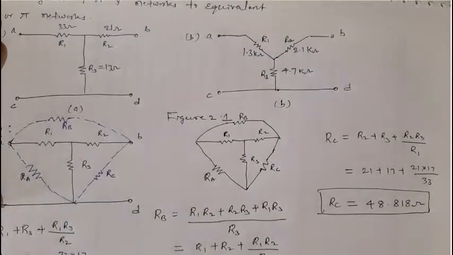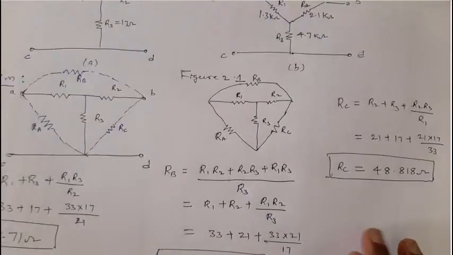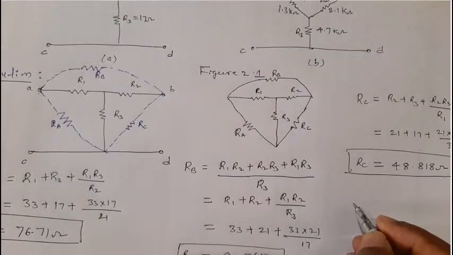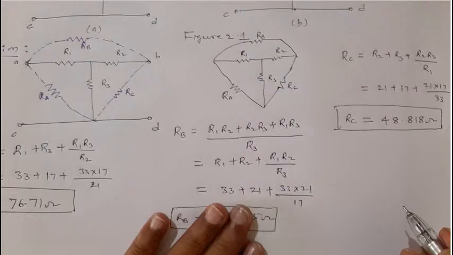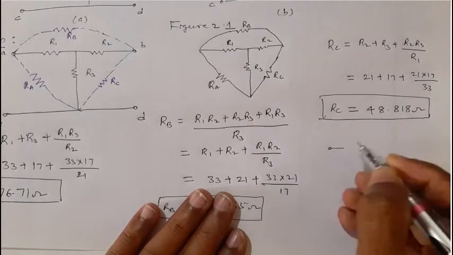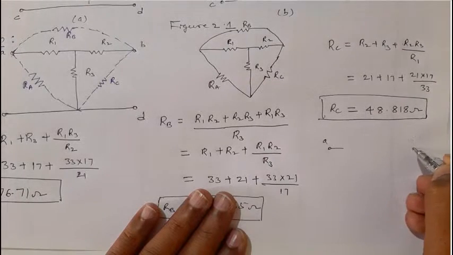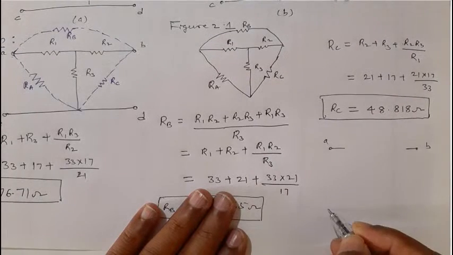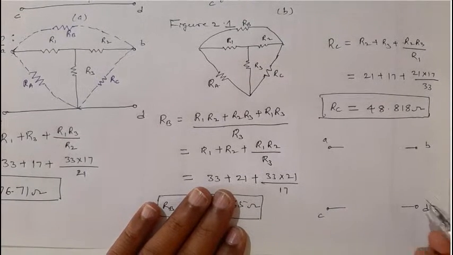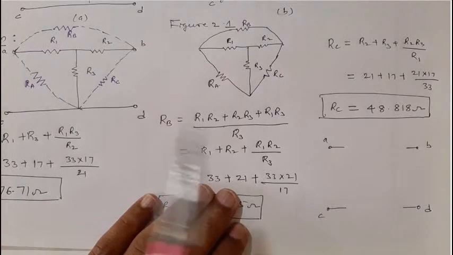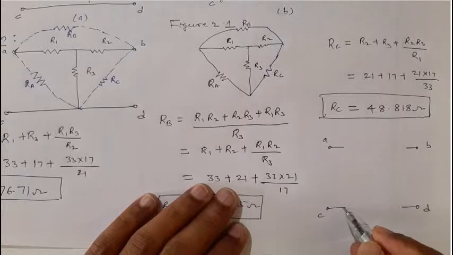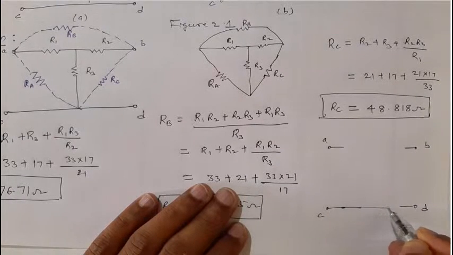So very simple, dear students, and the equivalent network you can draw here between 4 points. Those 4 points are one is A, another one is B, here C, and here it is D. Between these 4 points, the given T network should be converted to a delta or pi network.